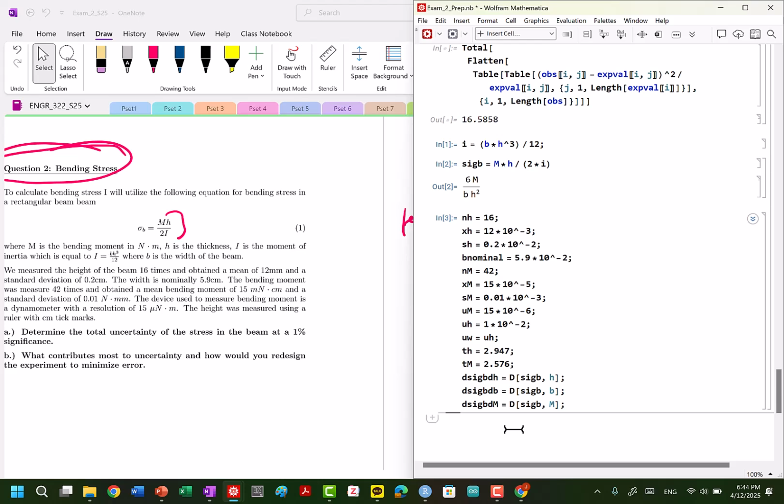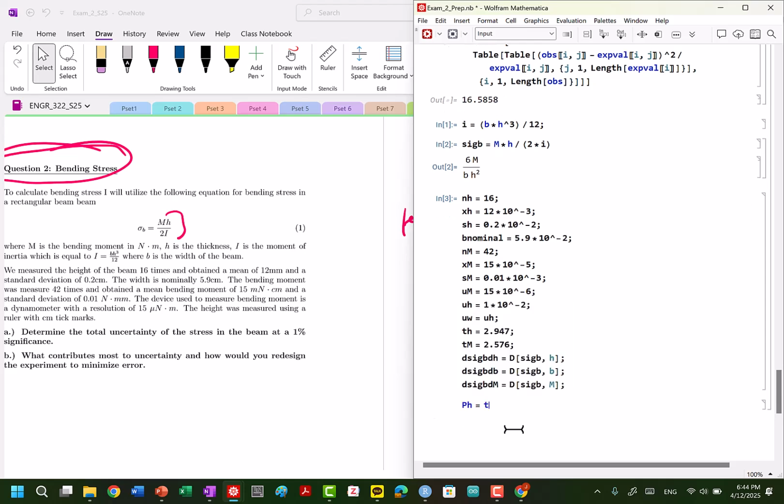We know that there's definitely some precision error in height, and that's going to be equal to t height times the standard deviation of height divided by the square root of n height. And I want to make this a fraction, so I'm going to divide all this by x height.